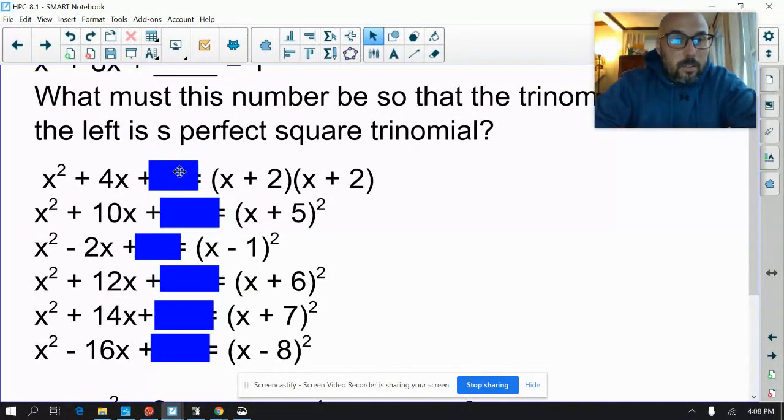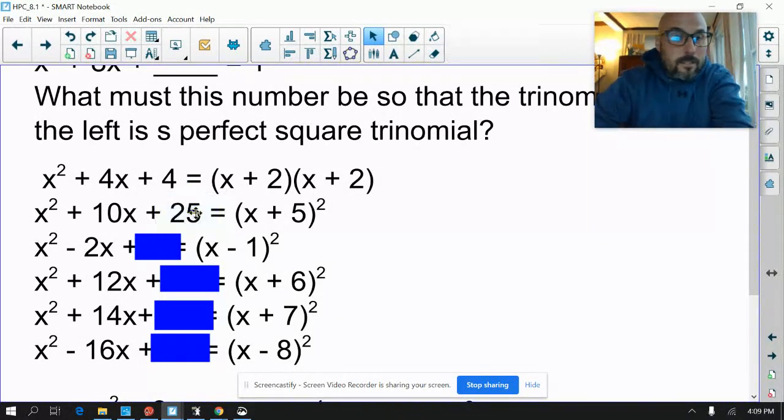So x squared plus 4x plus 4. If this third term is a 4, then this factors into x plus 2 times x plus 2. So x plus 2 squared. What's underneath this? This is 25. So you should be trying to think, what's underneath these blue squares? Try to find some sort of connection.